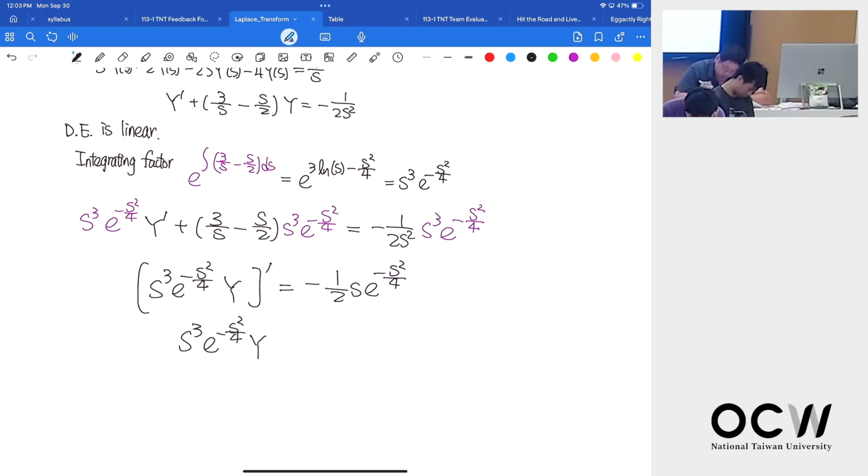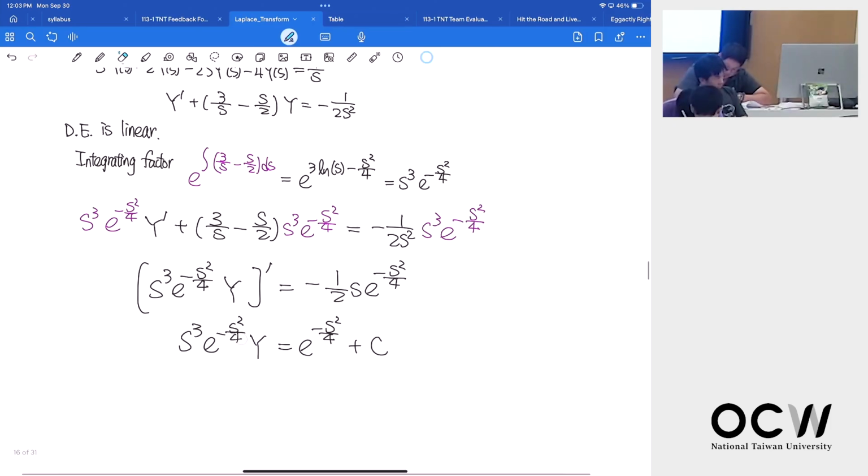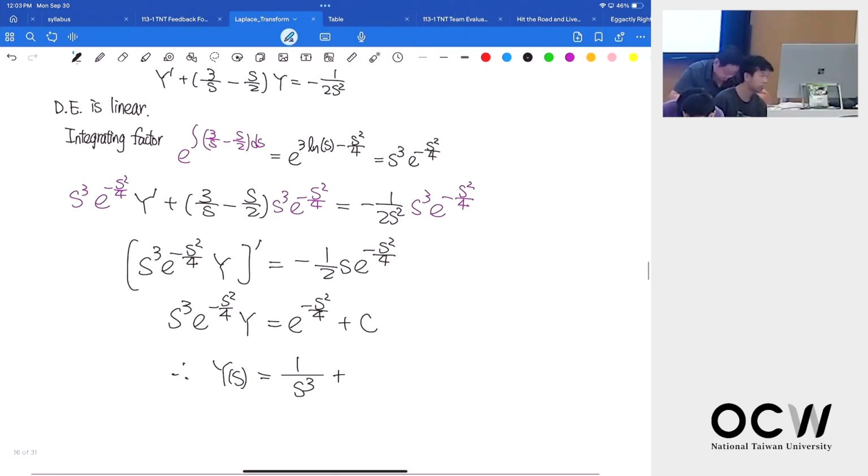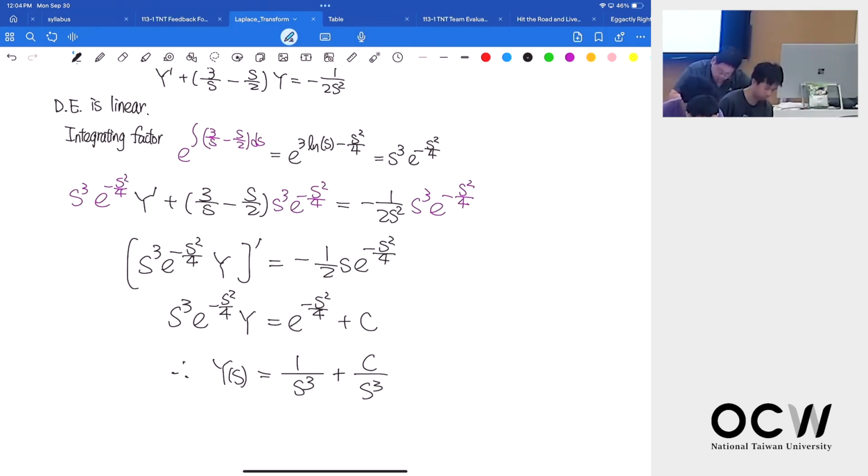That's e to the minus s squared over 4 plus a constant. So your y in Laplace domain will be 1 over s cubed plus c over s cubed e to the minus s squared over 4.